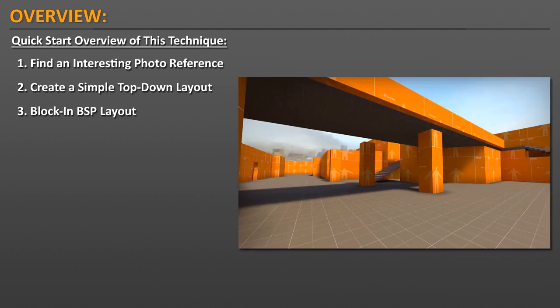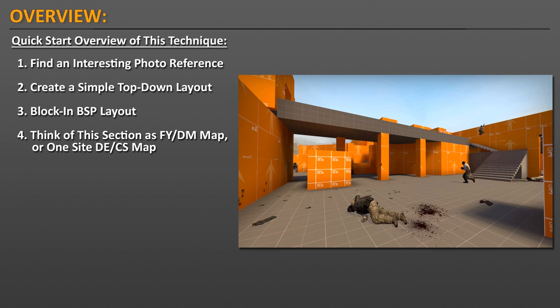You then jump straight into the editor and begin the blocking with BSP brushes. You want to think of this single section as a fight yard or a deathmatch map, or a single site defusal or a hostage rescue map.